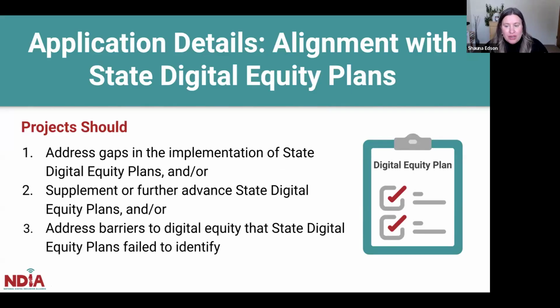And this is where knowing the unique and individual digital inclusion needs and ways to support your community are really important, because states have a really great overview of everything that's going on across the state, but sometimes they might miss details that you all know about the digital inclusion needs of your community. Some of the application details, like the state capacity grant program, NDIA encourages engagement with covered populations to co-create innovative solutions to meet their needs.